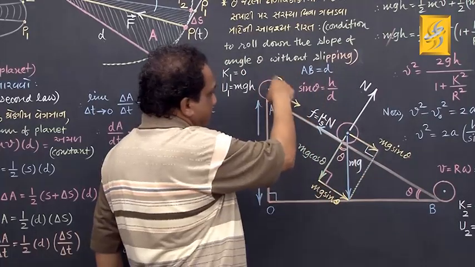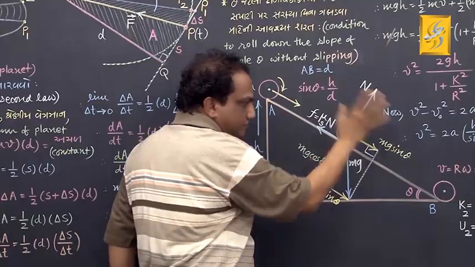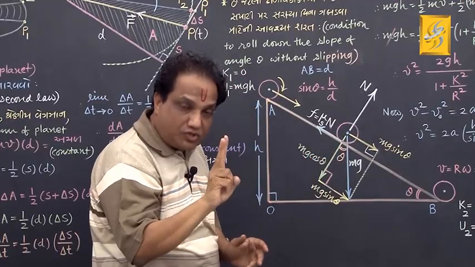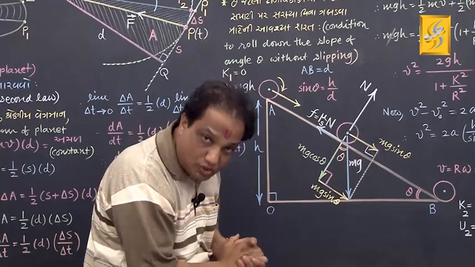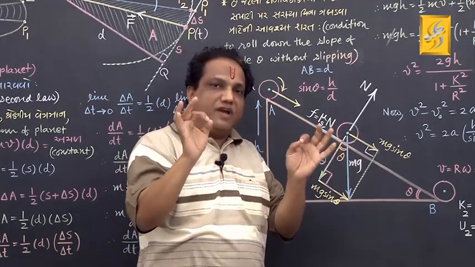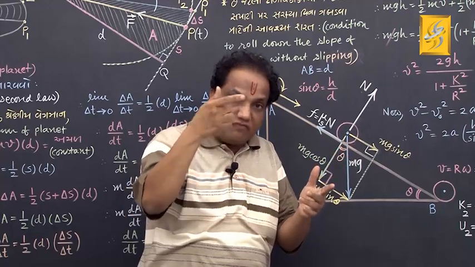The whole body performs rotational motion. Correct? Both the motions are carried out at a time, linear motion also, rotational motion also. Now you can define the meaning of rolling without slipping.